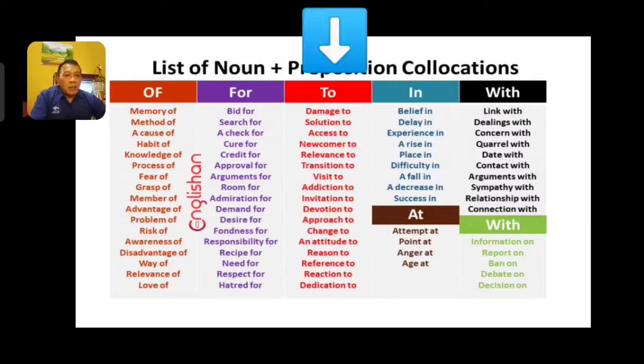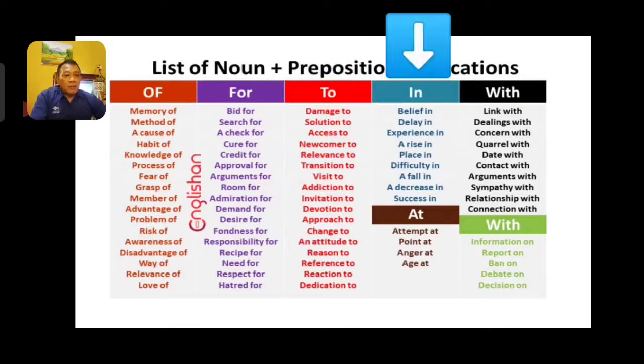The preposition to should follow certain nouns from damage to dedications. So you have to put damage to and dedications to. What about in? In will follow certain nouns like belief, delay, experience, rise, until success. So you have to read success in.